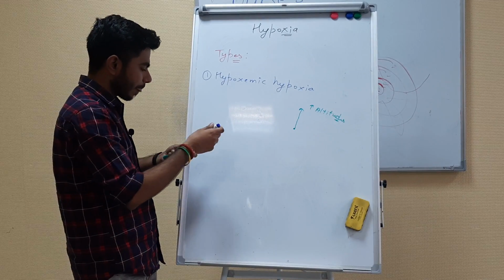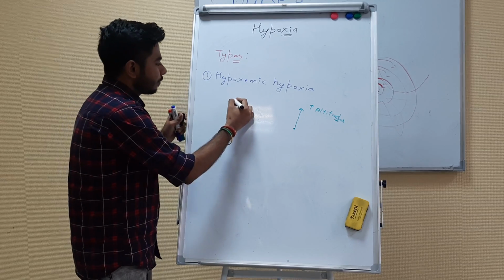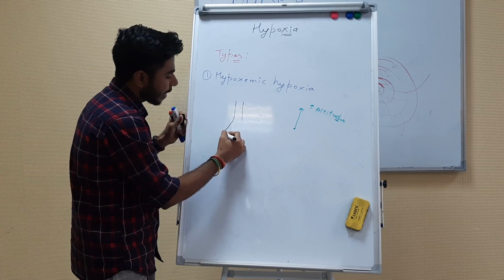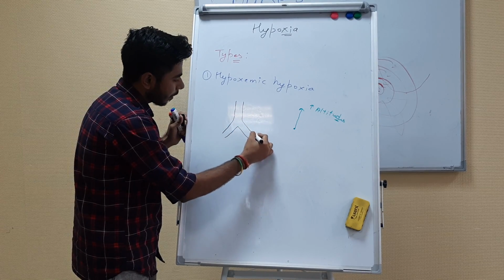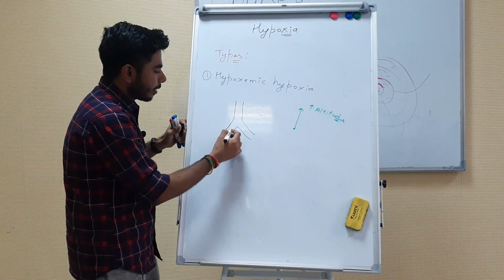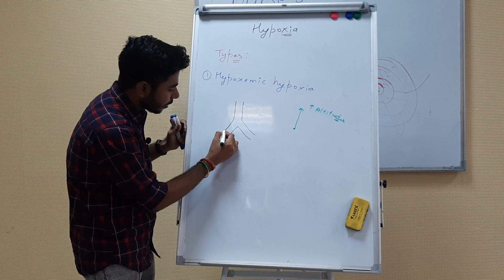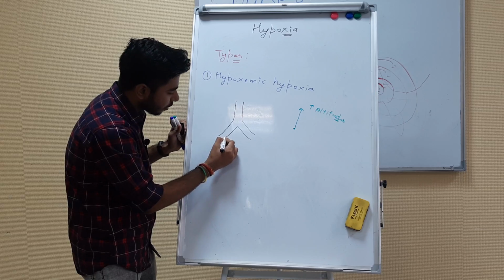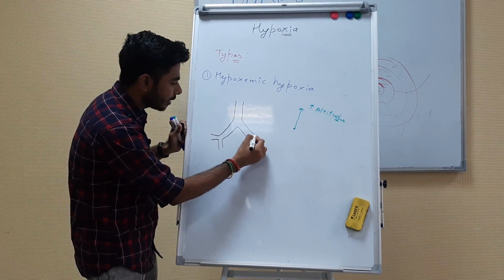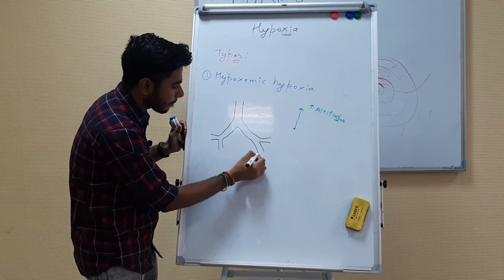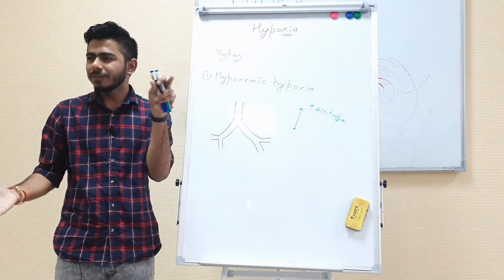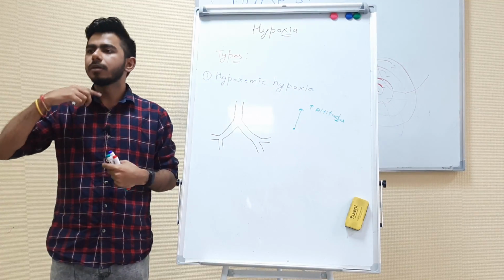So over here, a very simple diagram. Let's say this is the trachea, here are the tracheal rings, and here you have the bifurcation, where the bronchi come, then you have the bronchioles on each side. In total you have 17 divisions from here till the lungs.